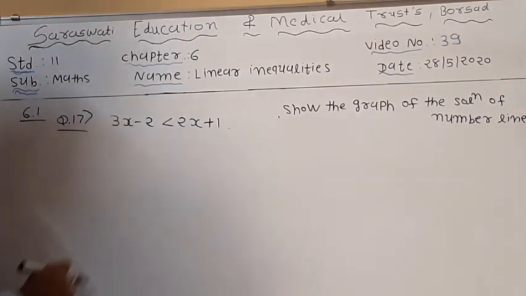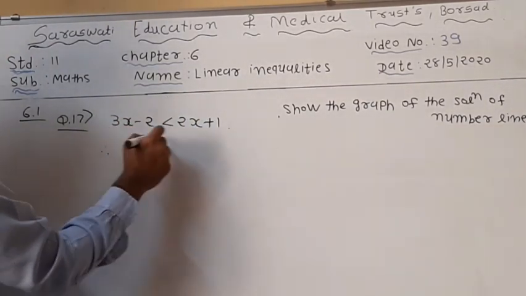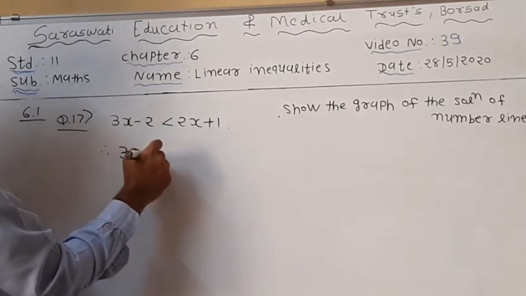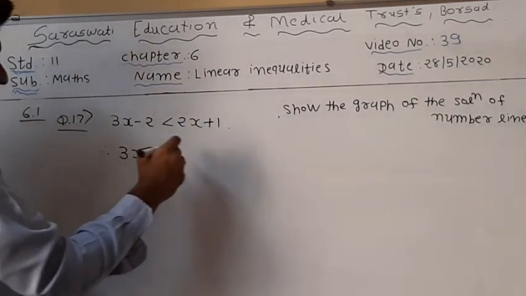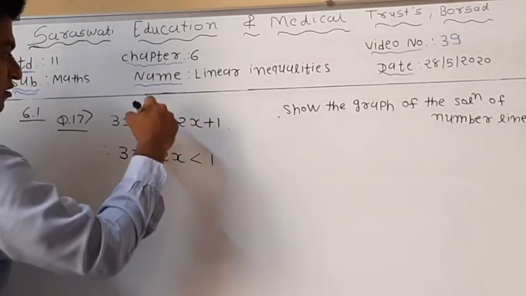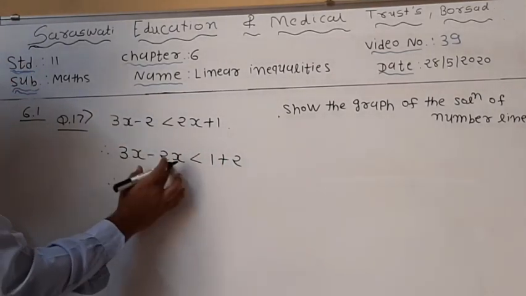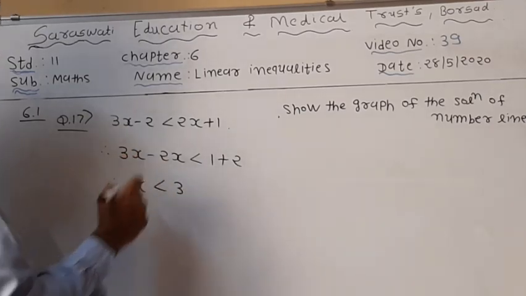So again, first of all, solve this inequality and find the value of x. So 3x, now plus 2x written on the opposite side, so here minus 2x less than 1 plus 2. Therefore 3x minus 2x, that means x less than 3.